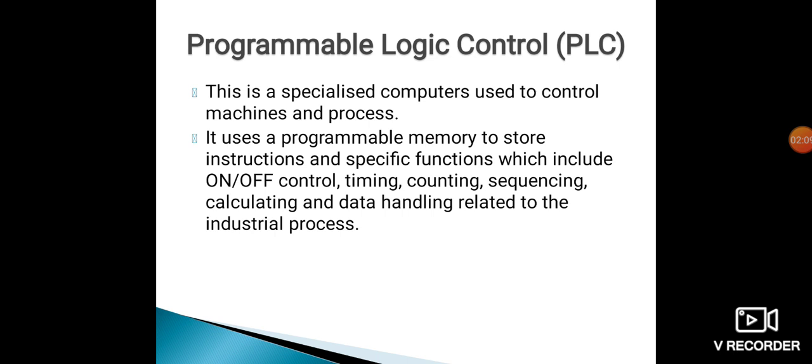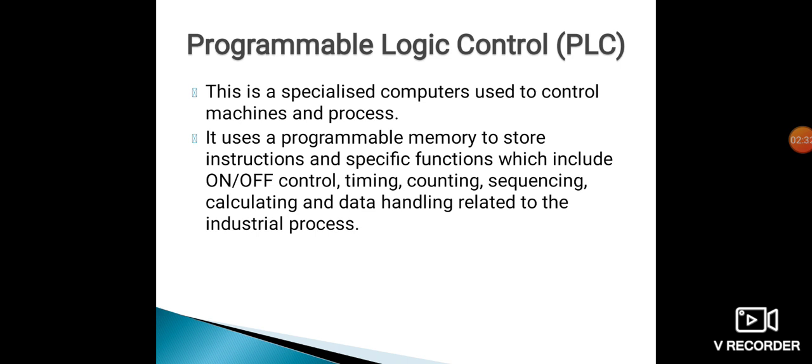It uses a programmable memory to store the instructions and specified functions, which include on and off control, timings, countings, sequencings, calculating and data handling related to the industrial processes.